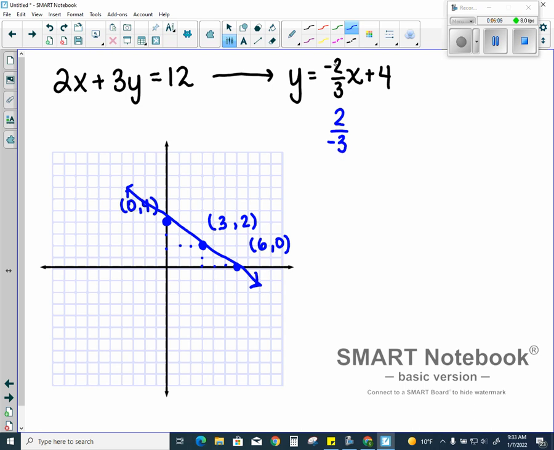I had the negative sign with a 2 up here in my equation, but instead of putting it with a 2, I could think of it as being with a 3, which means from the point 0, 4, I could have gone up 2, rise of 2, and left 3 right here, which is negative 3, 6. I'm going to label that. And notice that's still in line with the other dots that I have up there already.